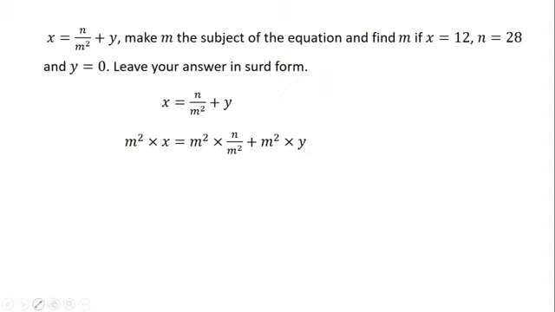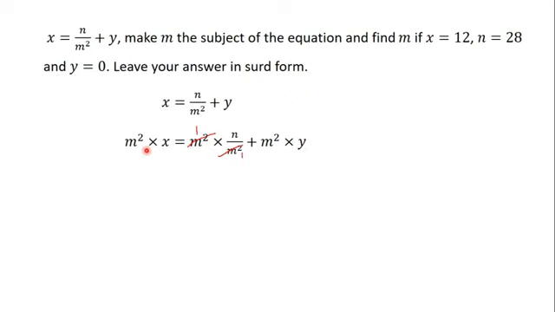From here, we can cancel the fractions out such that the fractions will be away from the equation. So m squared will cancel m squared. So we have taken the fractions out of the equation. m squared will cancel itself one and cancel m squared here one.